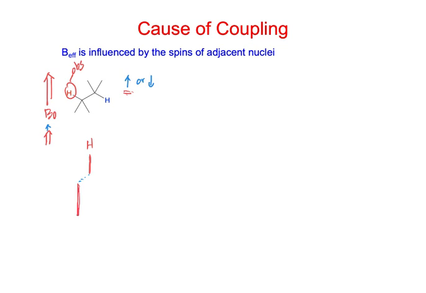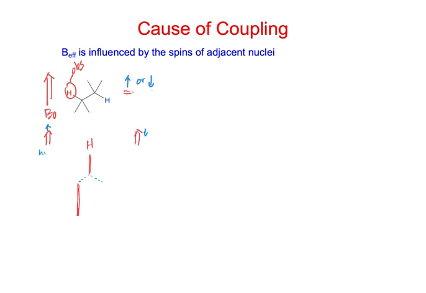The other half, here's the B0, is going to have this B local being against it, right? So this is going to subtract from the magnetic field, and so we're going to see some of this shifting to a lower frequency.